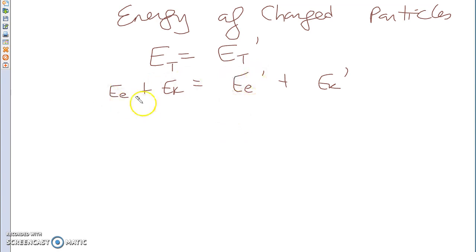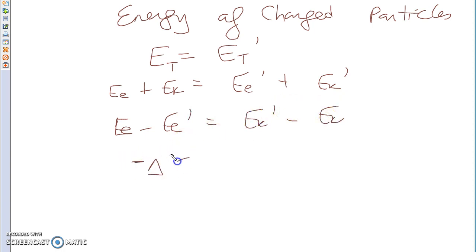So if I bring this over to the other side, this becomes EE minus EE prime, which equals EK prime minus EK. And you end up with negative EK, which equals, or negative EE, I should say, which equals change in EK.